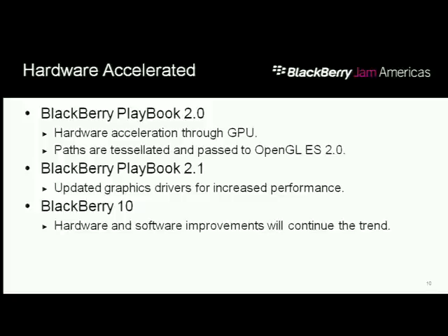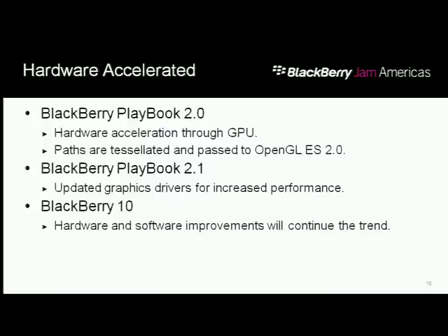On the Playbook, we have a hardware-accelerated canvas. Basically, this means that the drawing, all that processing, is done on the GPU. On the Playbook 2.1 OS, soon to be released as an update for the general public, we have updated graphics drivers to make that improvement in performance even better.